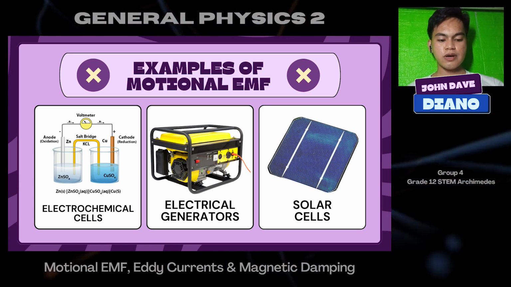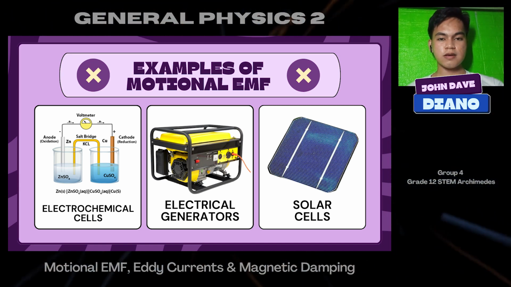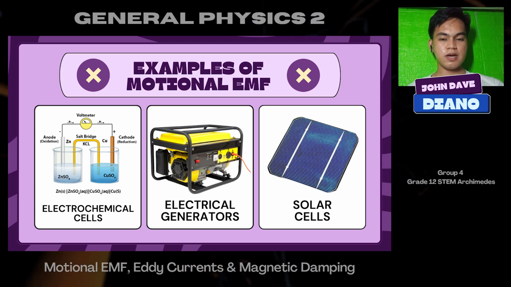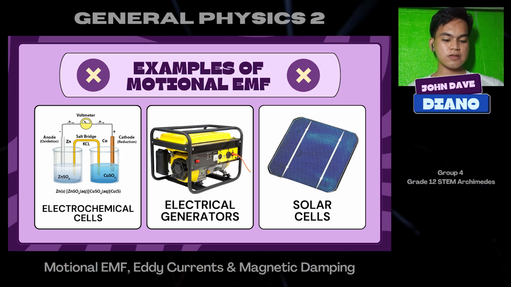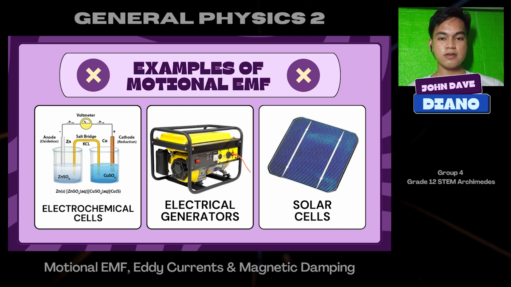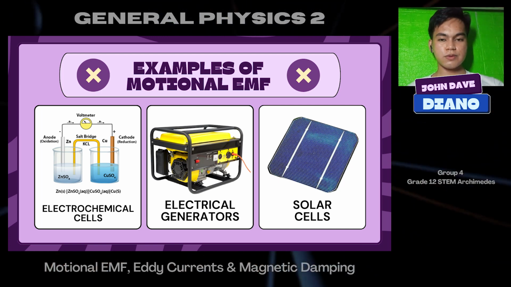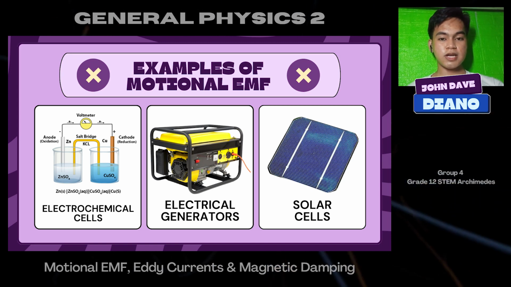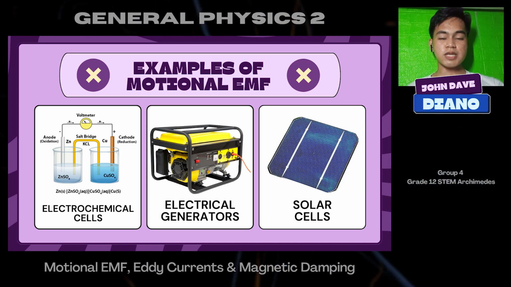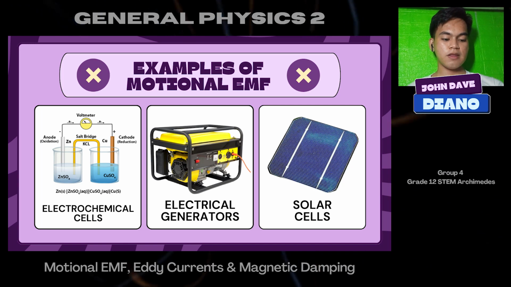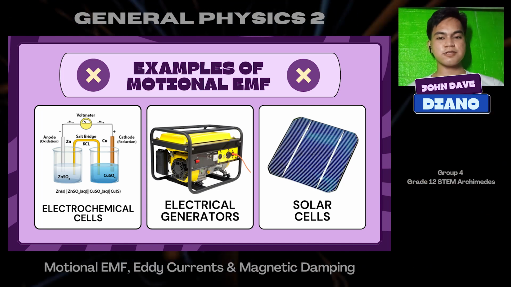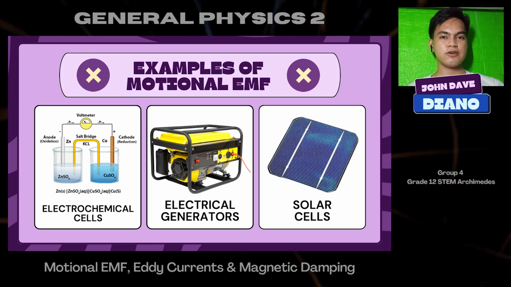So instead of converting mechanical energy, solar panels or solar cells use solar energy or light energy to be converted into electrical energy. With the same use as electrical generators, they also power appliances, houses, or buildings.